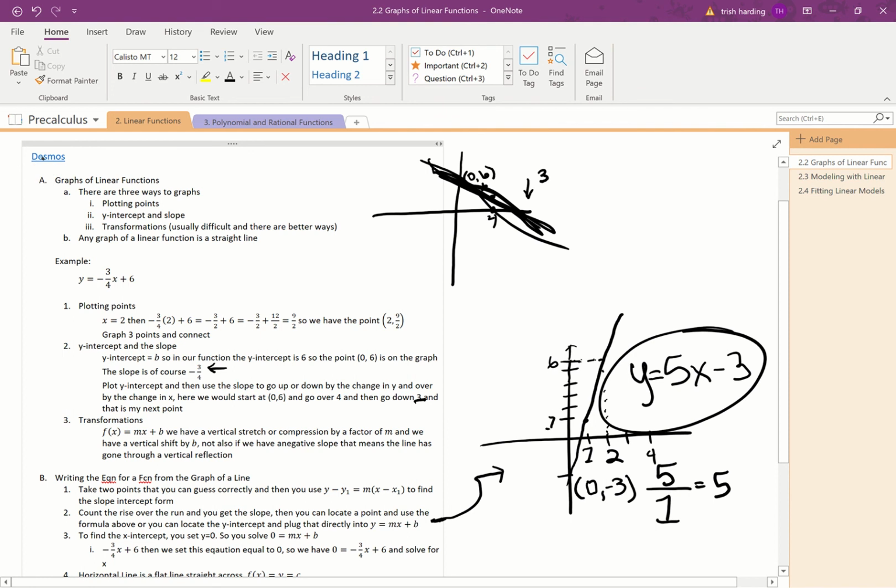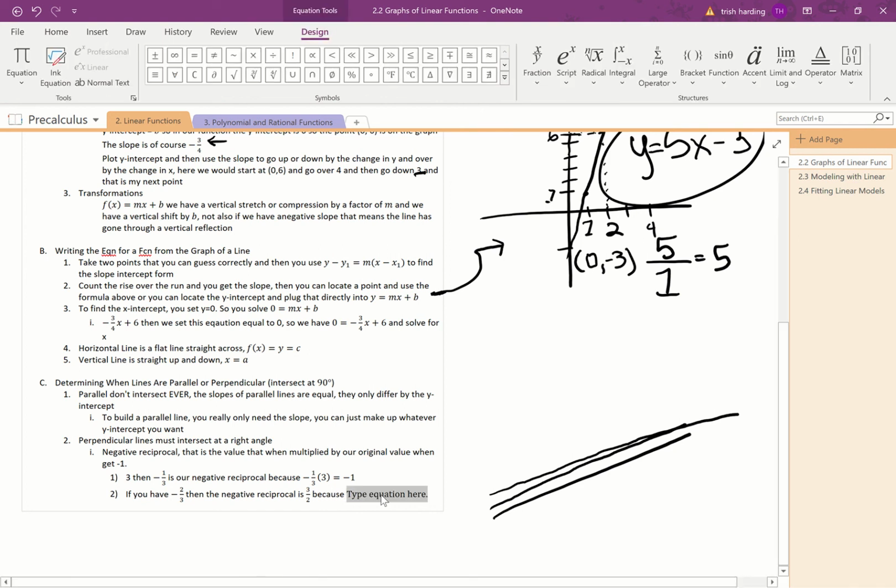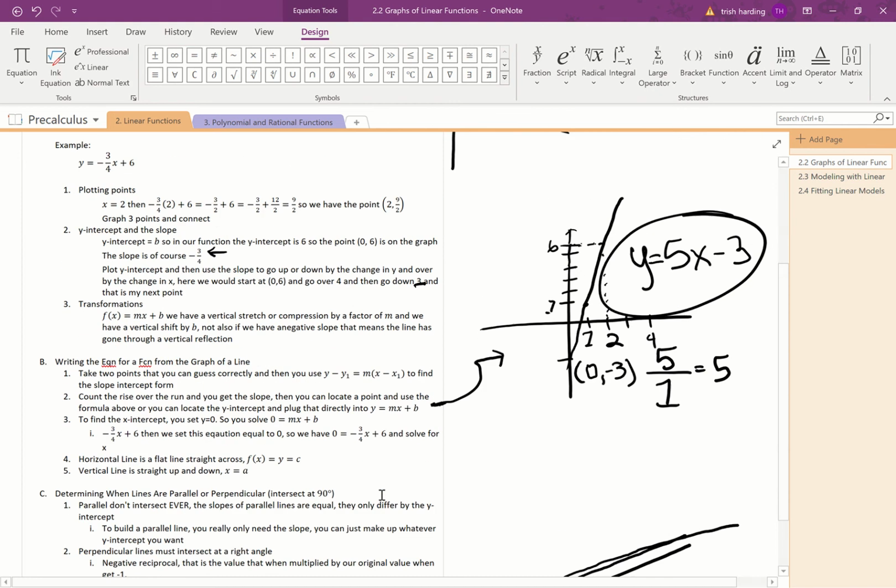All right, let's go back down. If you have -2/3, then the negative reciprocal is 3/2. And that is because notice that -2/3 times 3/2 equals -1.